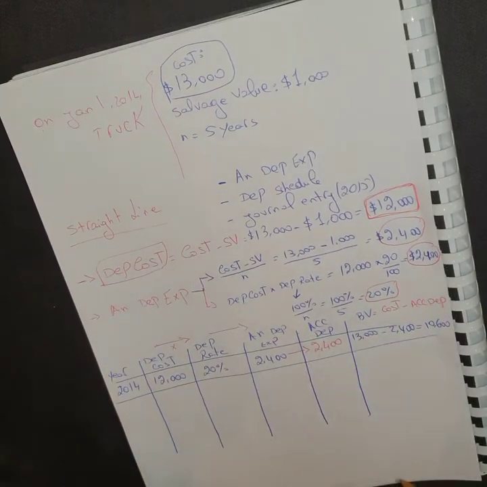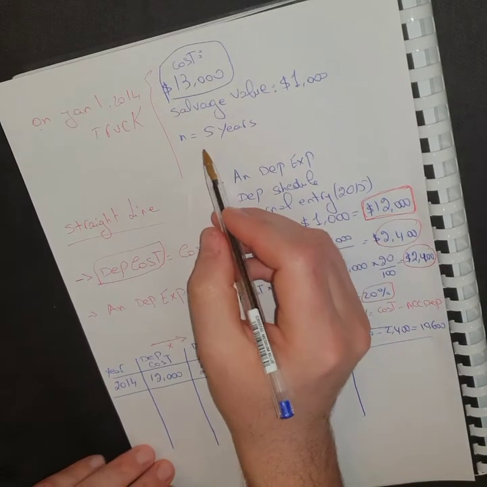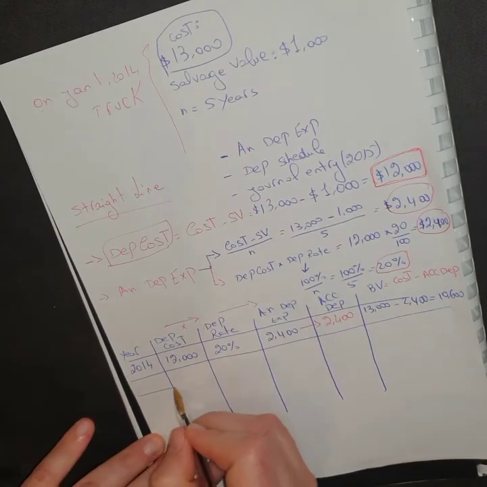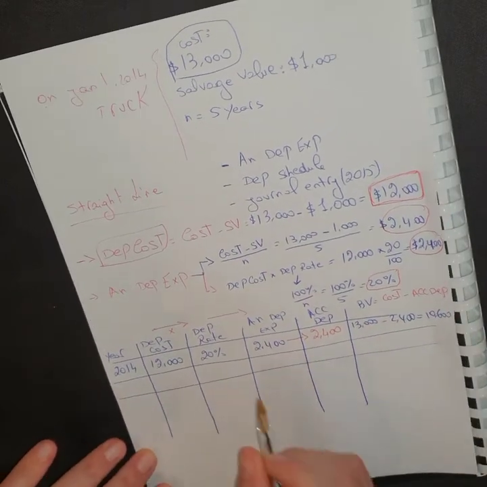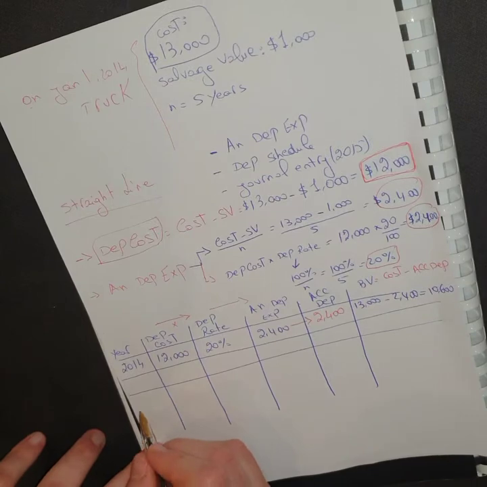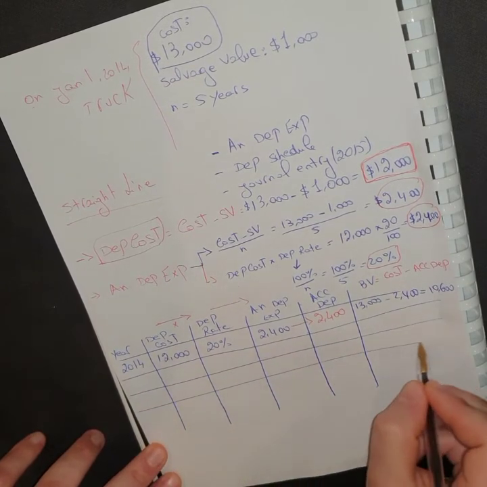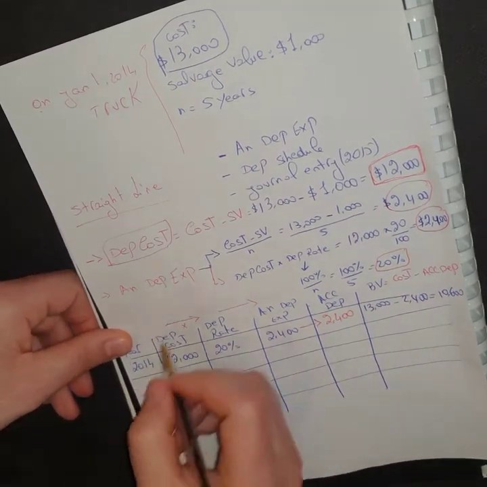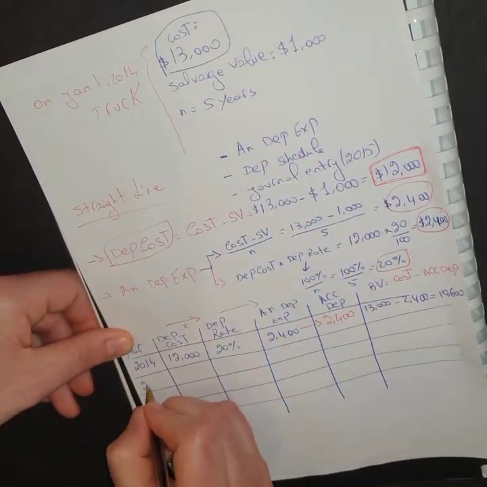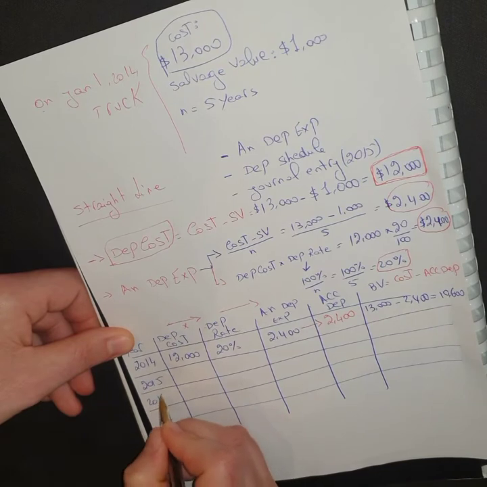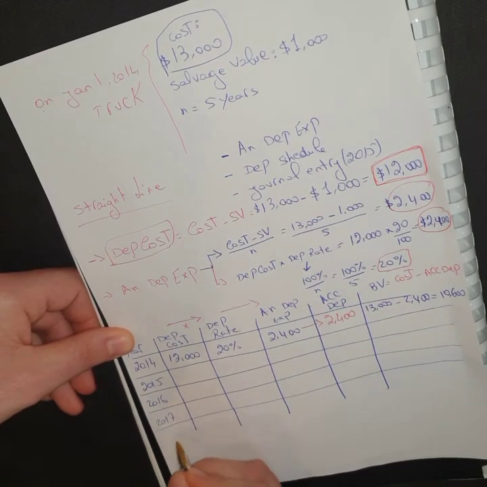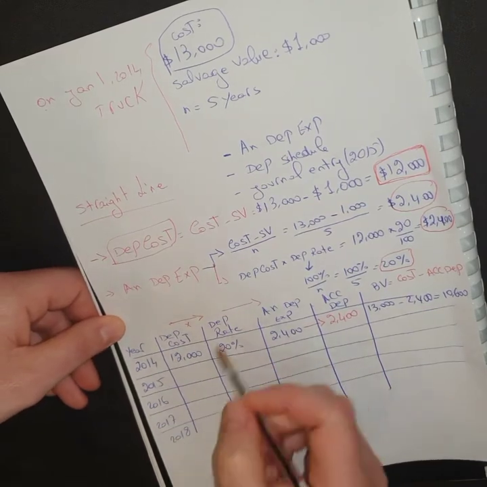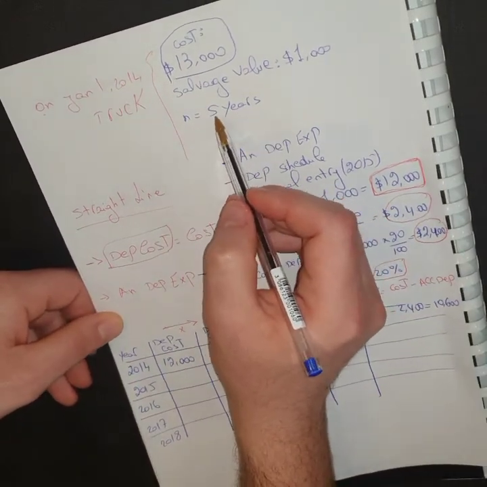Since the delivery truck is expected to live 5 years, we have 5 rows in the depreciation schedule. For each year, there is a row. So 2014 is the first year, then 2015, 2016, 2017 and 2018. So there are 5 rows since the expected useful life is 5 years.